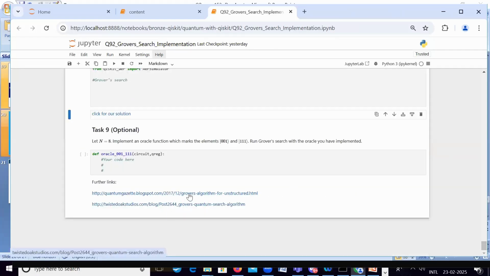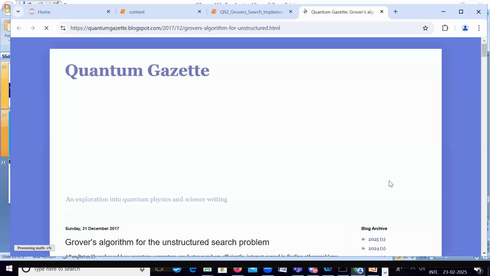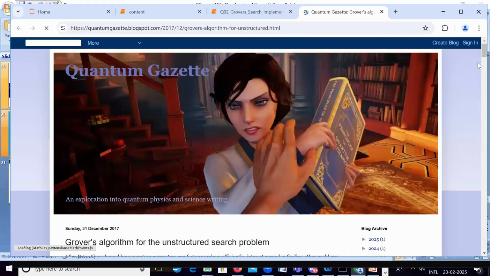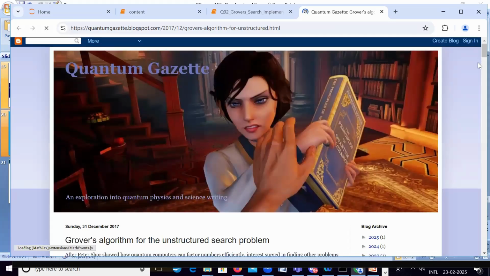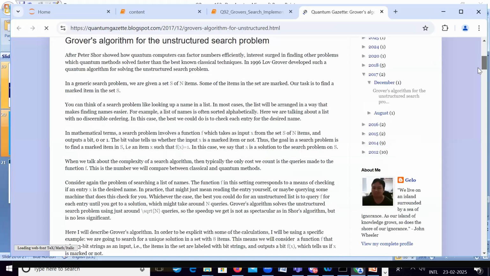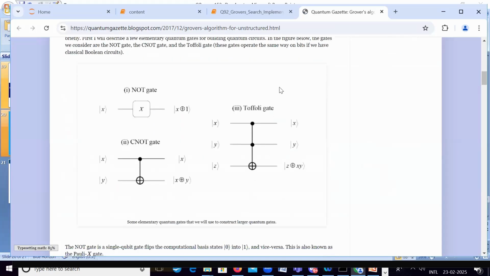Now here is a further link as suggested in the notebook, from Quantum Gadgets: Grover search algorithm for unstructured search problem. You can find some time to read it. There's a NOT gate representation, the Toffoli gate.